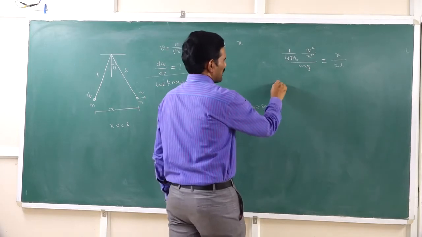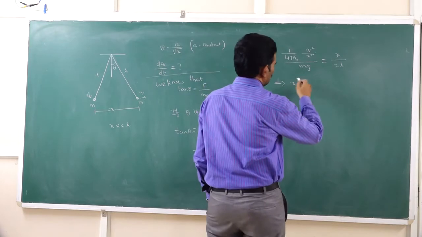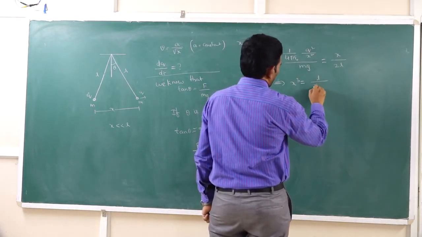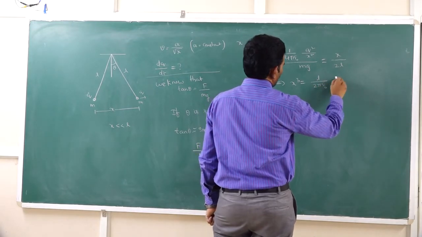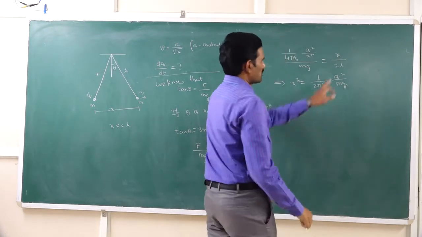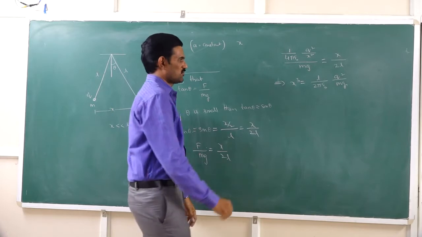From this I write the x cube value: x cube is equal to L by 2 pi epsilon naught into q square by mg, cancelling the 2 here.